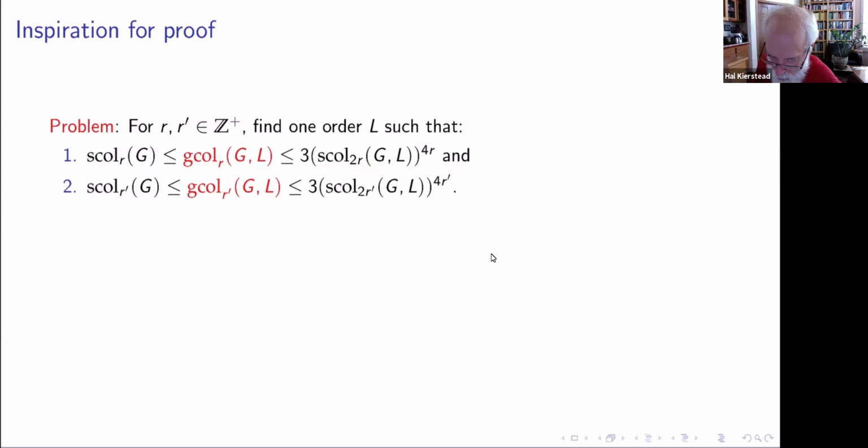We're going to have two players. There's going to be Alice, and there's going to be Alicia. And Alice thinks she's playing the R game, and Alicia thinks she's playing the R prime game.